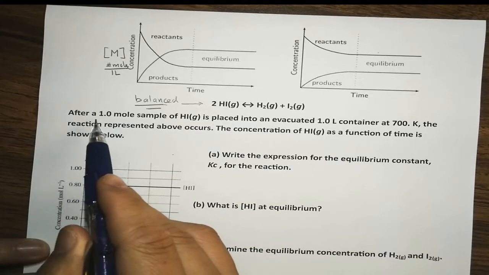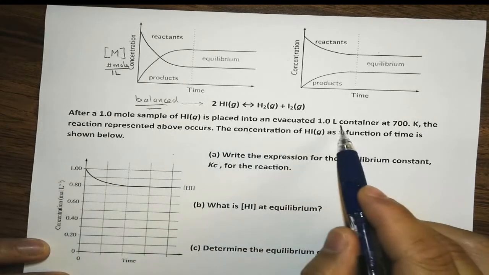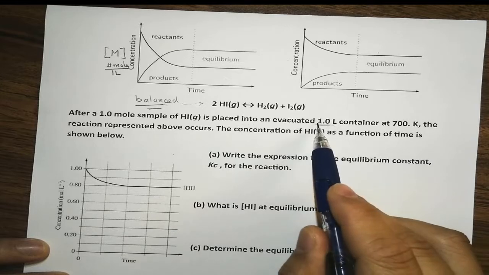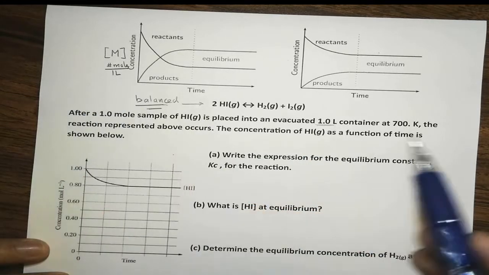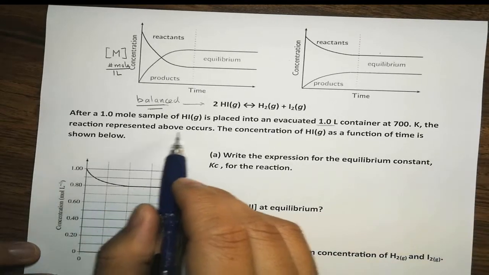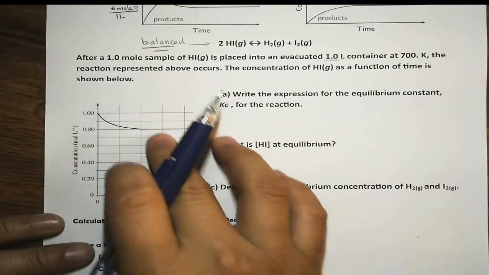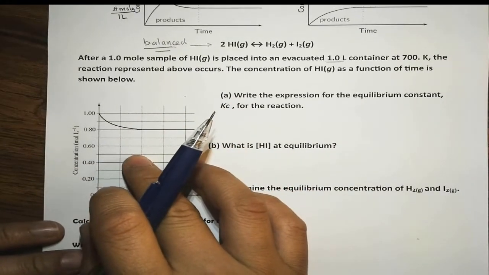After a mole sample of HI is placed into a 1 liter container, that's very important because molarity is per 1 liter, at 700 K, the reaction represented above occurs. So here we have this graph that represents this chemical reaction.